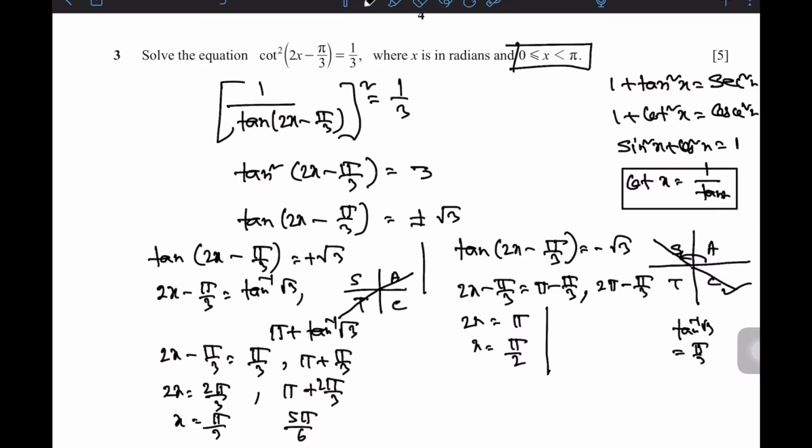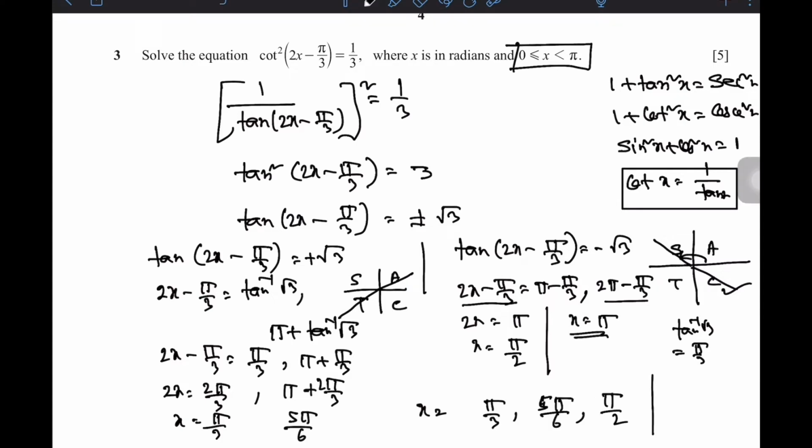Then 2x minus pi by 3, where pi by 3 is subtracted. So 2x equals 2 pi, x equals pi. So pi is not necessary.